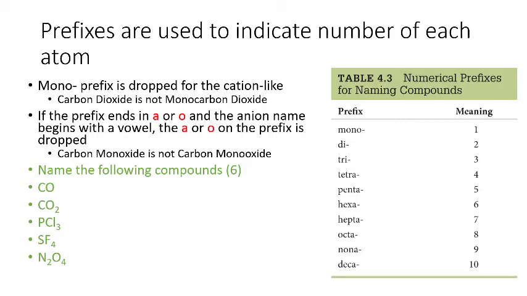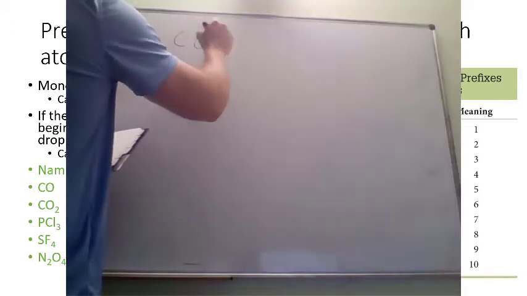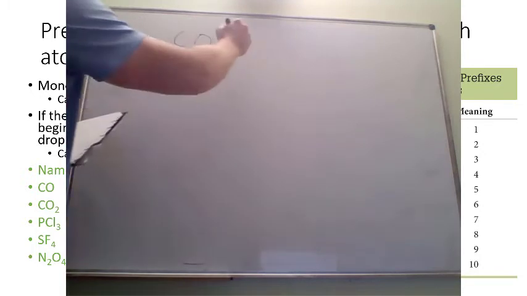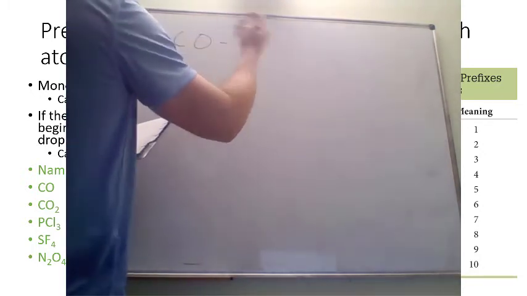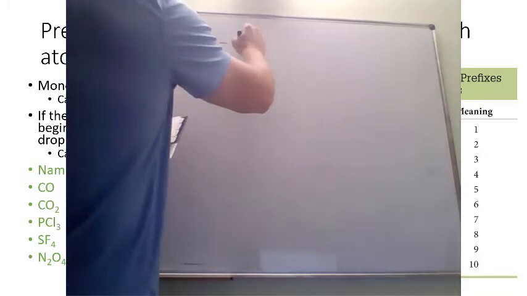Okay, so with these naming conventions, please name these binary compounds. So pause the video and give it your best shot, and then we'll go through together. Okay, CO, we just talked about this one in our example. So there's one carbon, but we dropped the mono, so carbon.